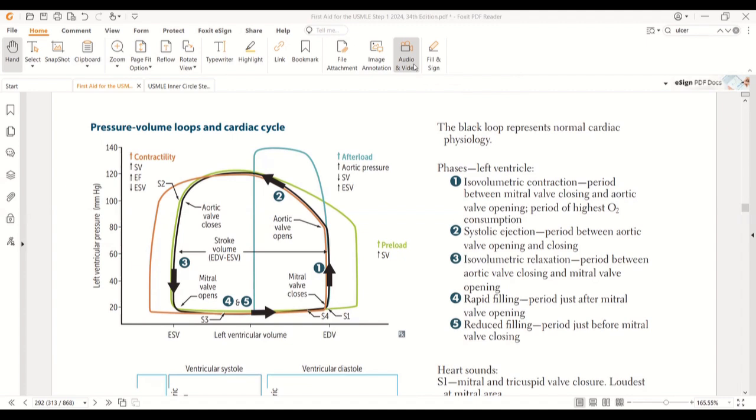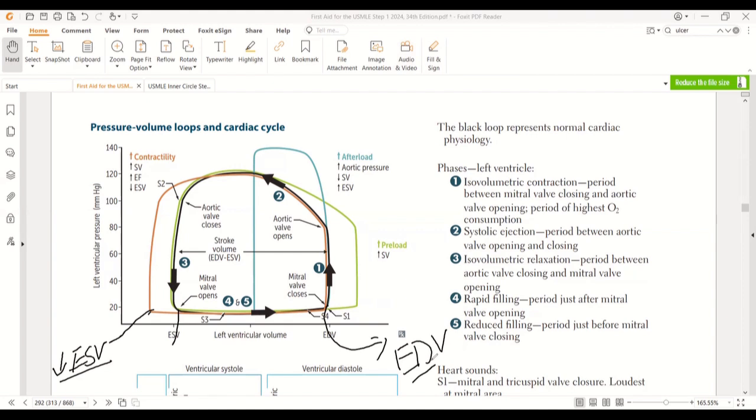So here, what happened at this point? End systolic volume decreased, right? Normally it should be here, but it will be decreased, right? But end diastolic volume is almost the same, right?